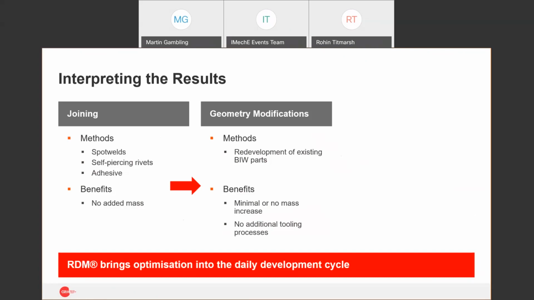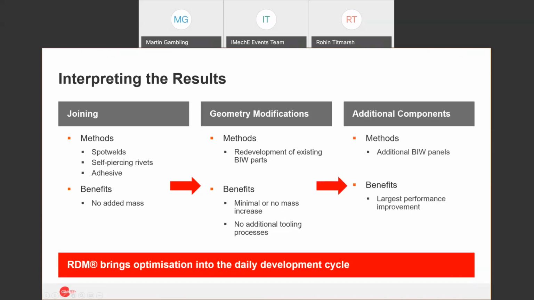And it's often the problems when that whole design is released and somebody assesses it, or a team assesses it, it's the connections between, the assumptions between those sub-parts of the body in white are where you get problems. So the RDM identifies that and gives you that sort of area to focus on and allows you to just rework the geometry in many cases. So if that's the case, minimal or no mass increase and no real change to your process.